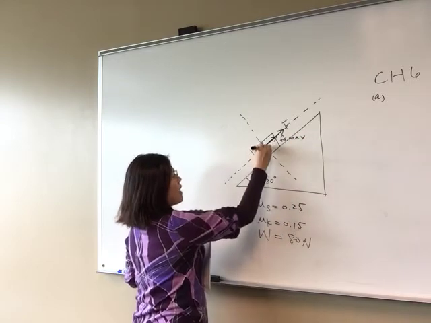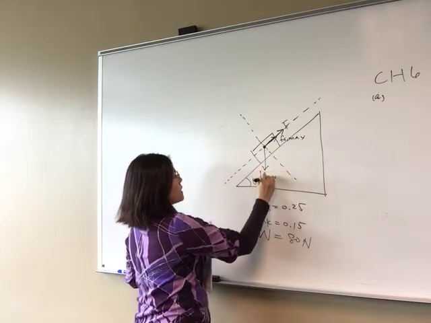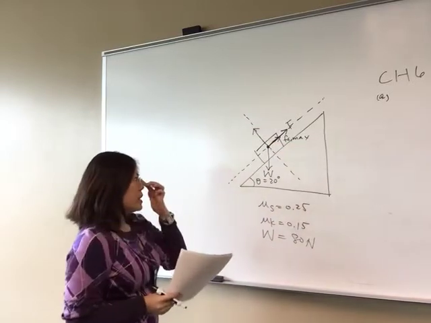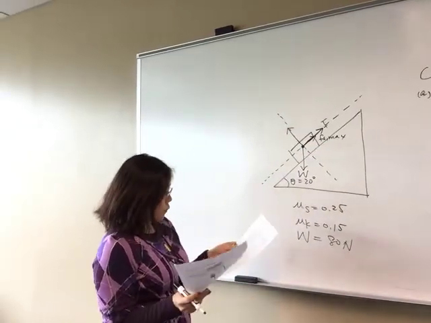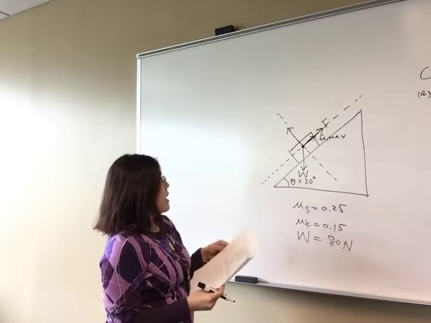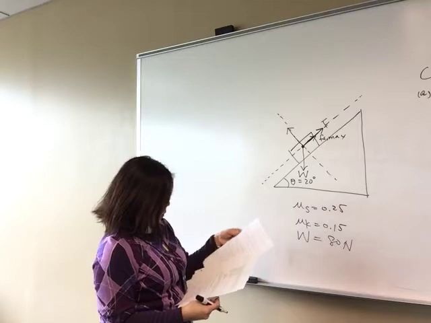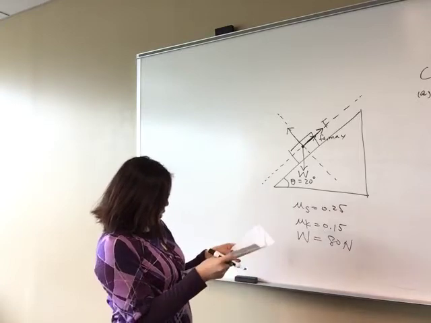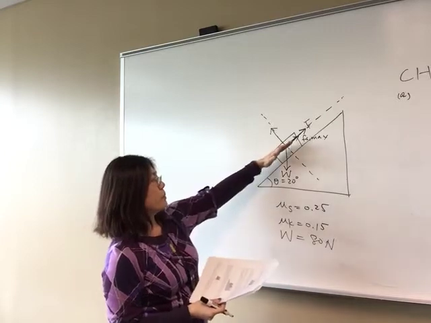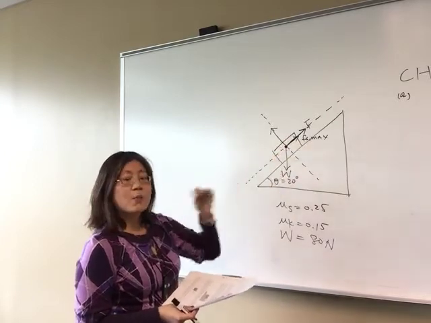Okay, and you have gravity. So that's your weight, and then you have your normal force. So altogether, you would expect four forces acting on this object, and so you're asked to find what would be the applied force F, so that the whole thing is not moving.